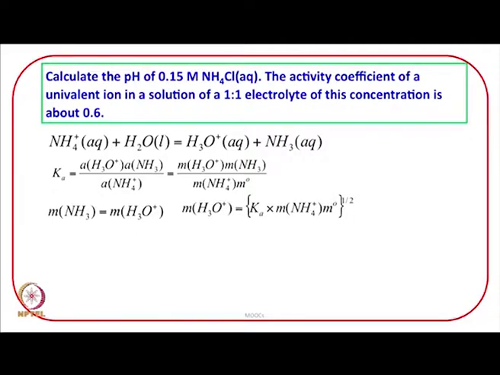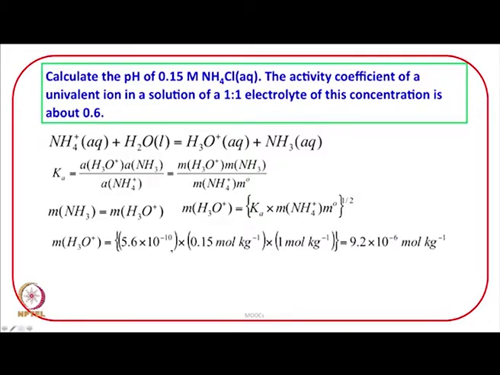And therefore, once you equate these, the molality of H3O plus can be calculated from this expression, that is the square root of Ka times m of ammonium ion into m naught. I am not going into that much detail because this question I have already discussed.